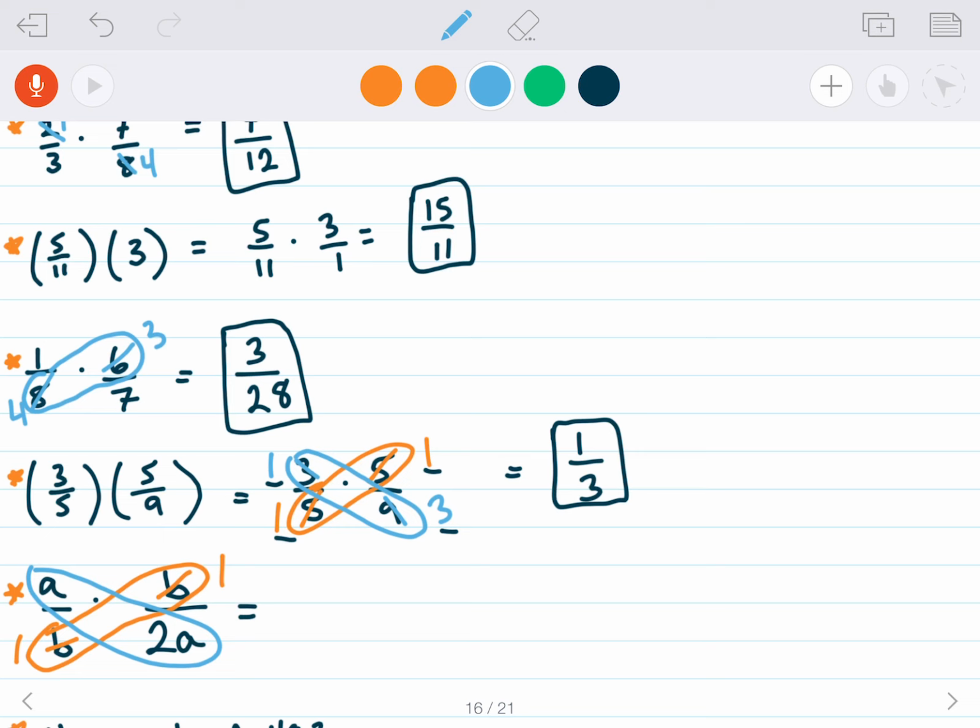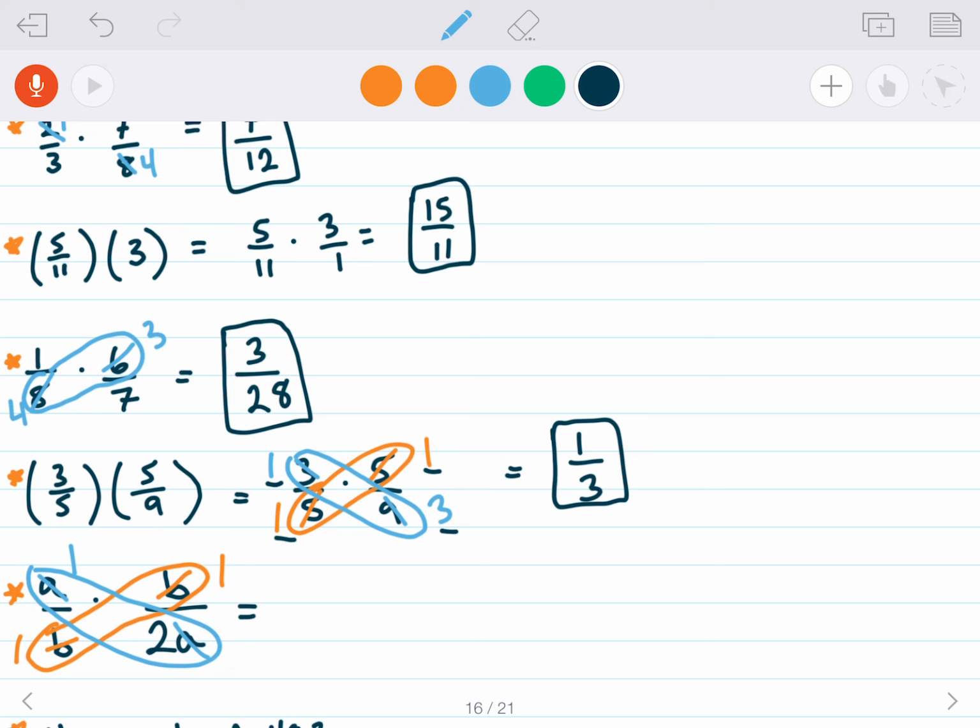Now, if we look at this guy, well, we can basically divide out an A, right? A divided by A is 1. 2A divided by A is just 2, right? If I do 2A divided by A, these A's are going to cancel out and we're just left with 2. We'll talk more about that later when we get into the cool algebra part of this class.